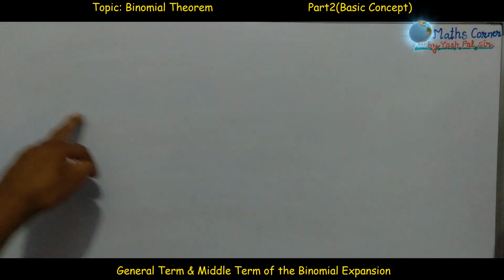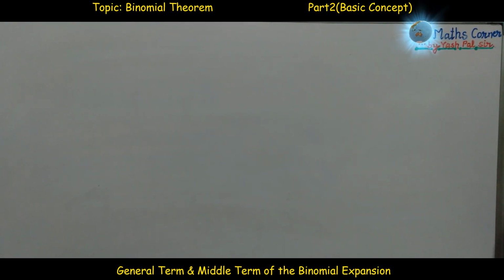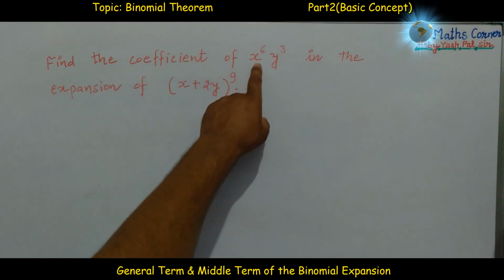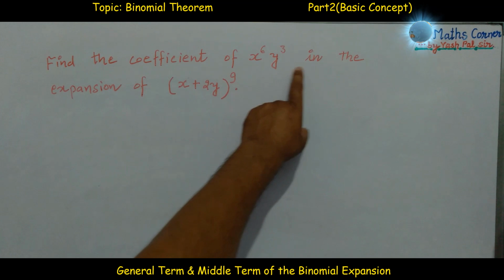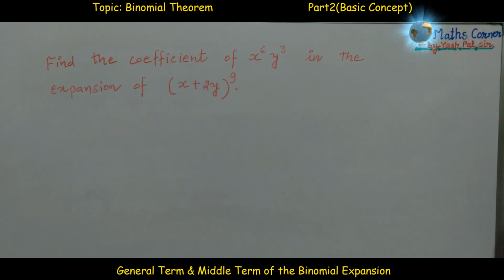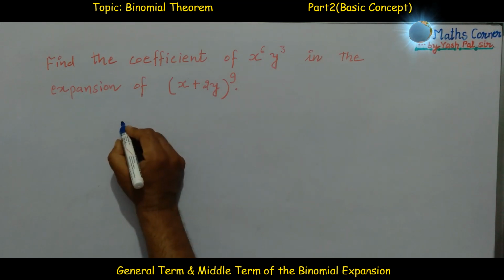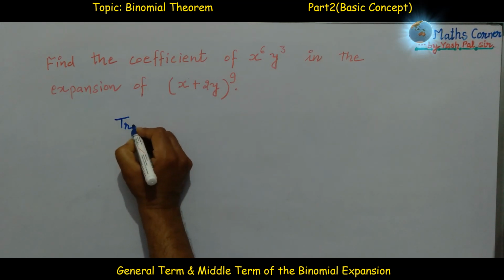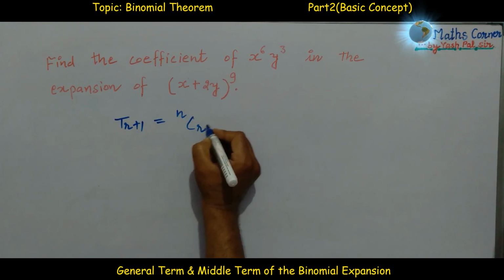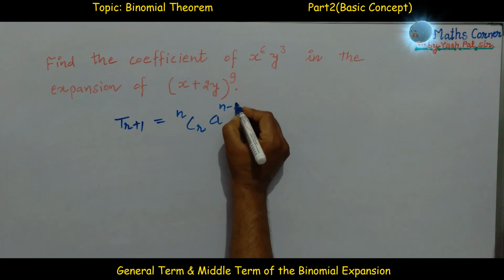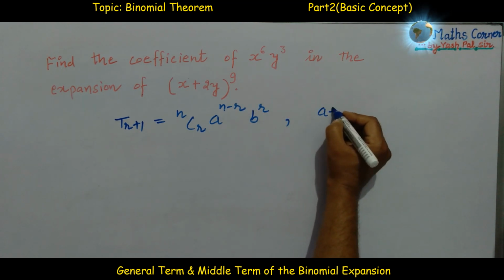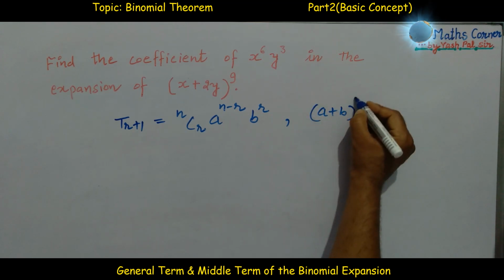Now in connection with the last question, we are taking here: find the coefficient of x raised to power 6 y raised to power 3 in the expansion of (x + 2y) whole raised to power 9. So here also we use the general term t(r+1) is equal to nCr a^(n-r) b^r when we are given (a + b) whole raised to power n.